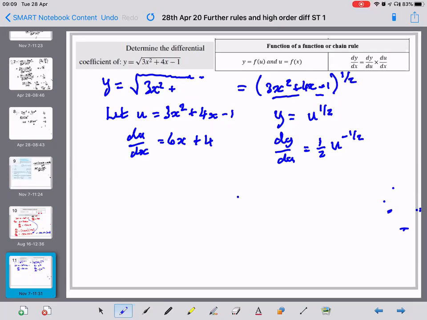So dy by dx is equal to dy by du, half u to the power of minus a half, times du by dx, 6x plus 4.